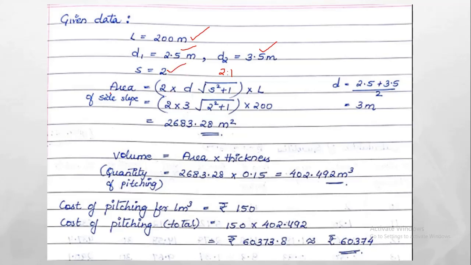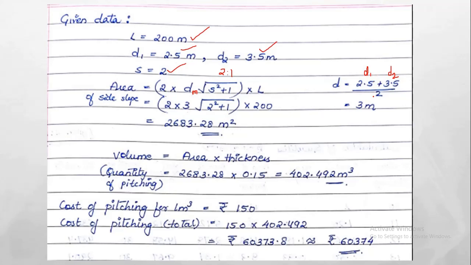So the formula for area is equal to 2d root s square plus 1 into L. All the values are already given in the question. Here the d is this dm, right? So we need to calculate dm, which is d1 plus d2 by 2, and this is d1 and this is d2.